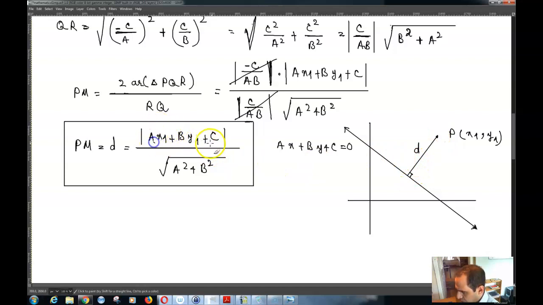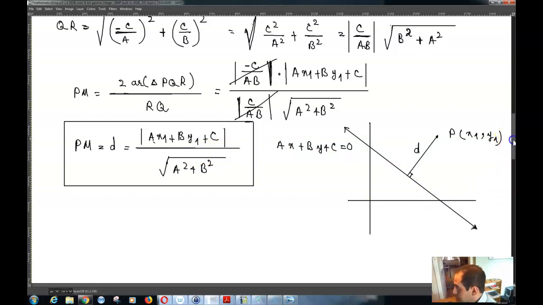You see that x1 and y1 are related to this point, and A, B and C over here are simply related to this line. So that's basically one of the things that we need over here.